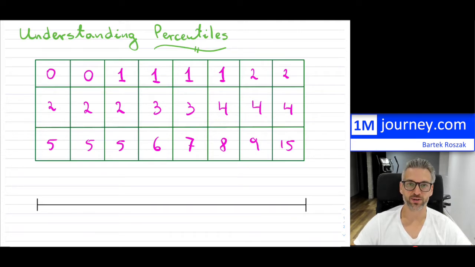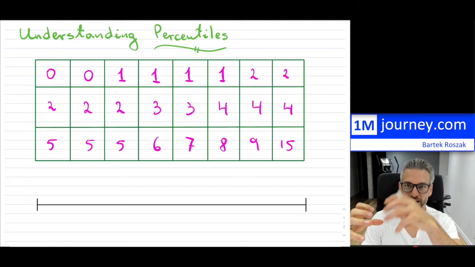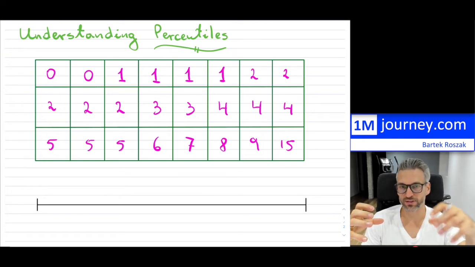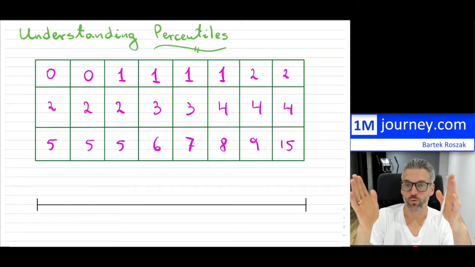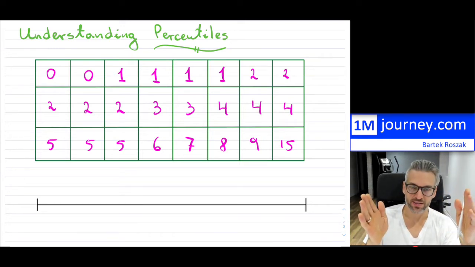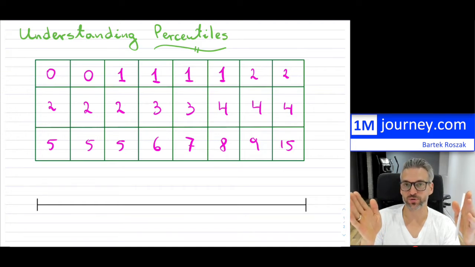So percentiles are dividing the entire data set into almost like 100 different intervals, where the first percentile would be taken up by 1% of the data points. The second percentile would mean that you have 2% to the left, and then 98% still to the right, and so on.